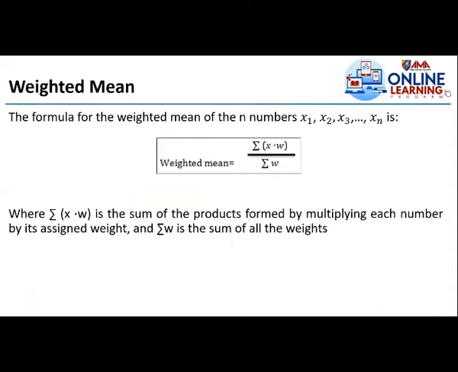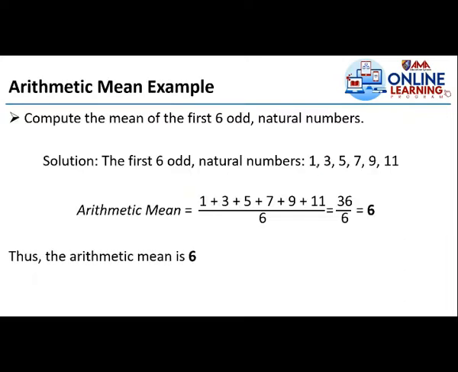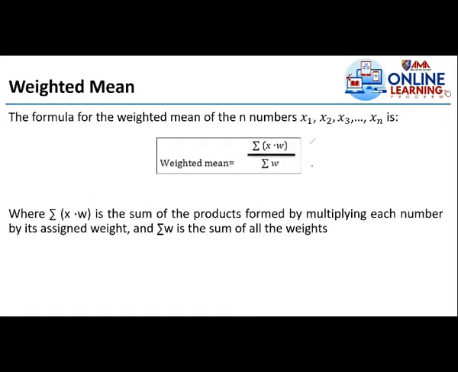Let's have an example before we dive in. The weighted mean, guys, is different from the arithmetic mean in the sense that in the arithmetic mean, the values given have no weight. In the weighted mean, there is weight. For example, your subjects MMW or Mathematics in the Modern World, then PE, then Understanding the Self.